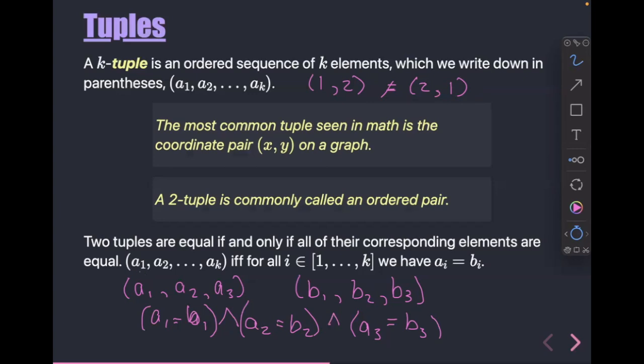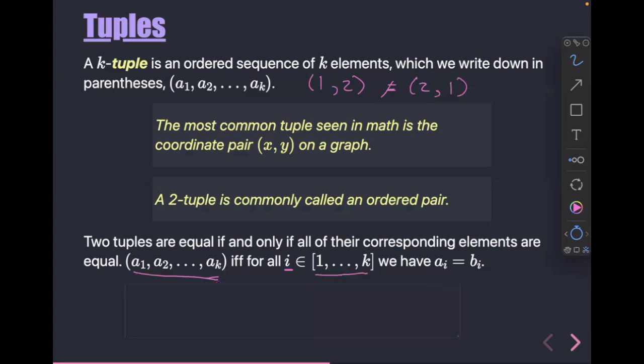So A1, A2, all of this tuple would be equal to a similar B tuple if, for all i in its indexes, so i is talking about the indexes of our tuples. I could be 1, I could be 2, all the way to k.